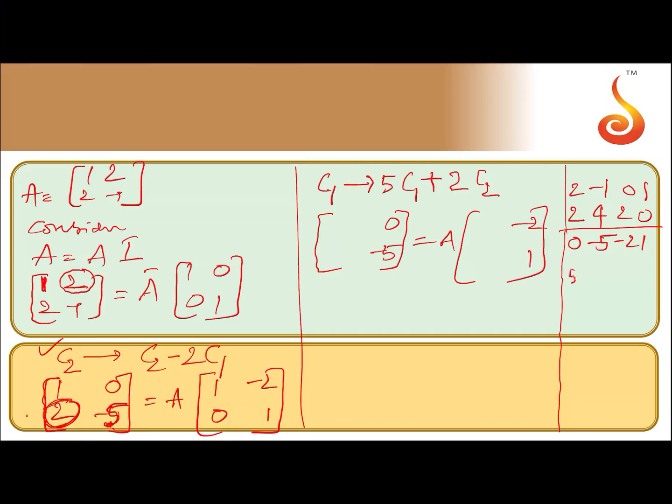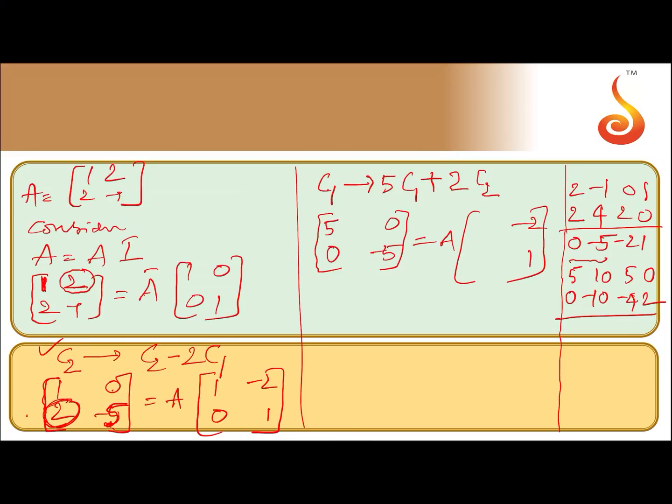5 times C1: 5 into 5, 5 into 2 is 10, and 5 into 0. And then 2 times C2, the second column: 2 0s are 0, 2 5s are minus 10, and 2 2s are minus 4, 2 1s are 2. So if you take the first column, 5 plus 0 is 5, and 10 minus 10 is 0.